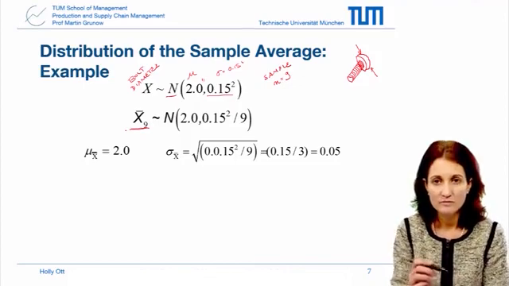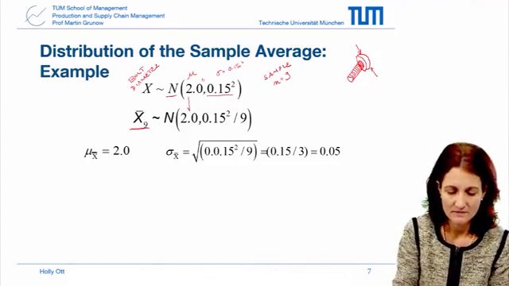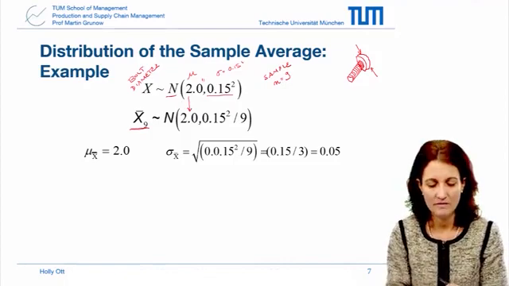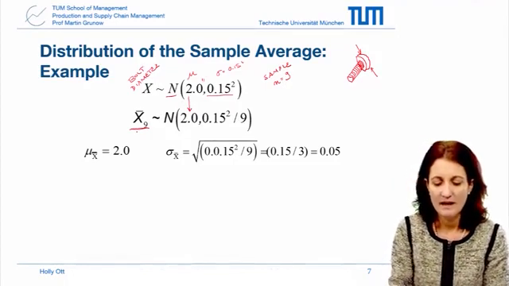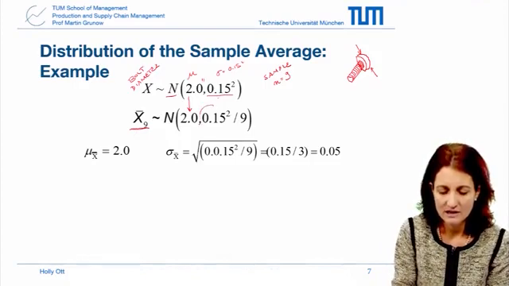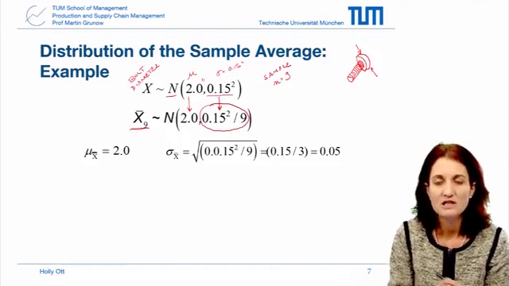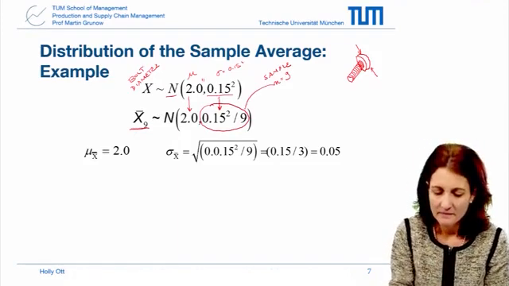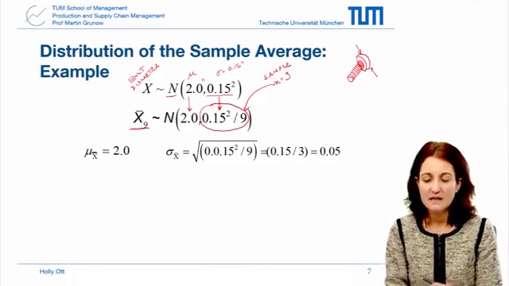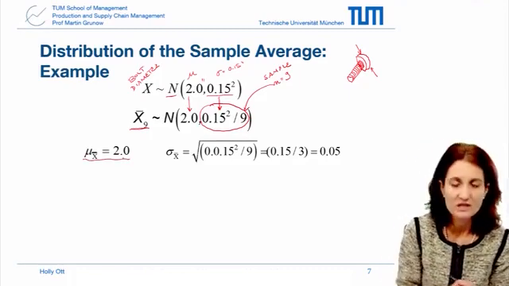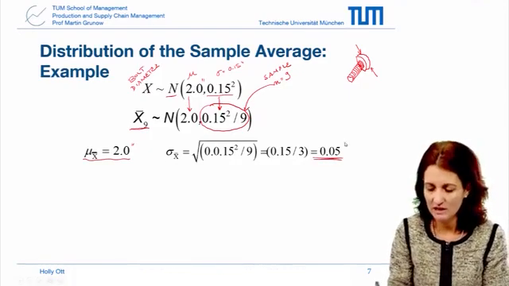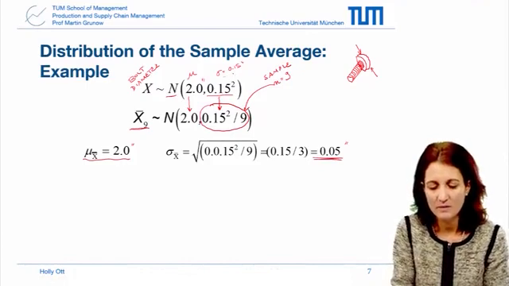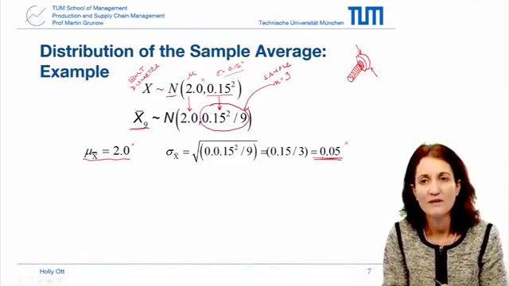Well, we know from our previous theorem that the mean of the sample average will be the same as the population mean, and the variance will be the variance of our population divided by n, where n is the sample size. If we calculate that out, the mean hasn't changed. It's still 2 inches. And the standard deviation, instead of being 0.15 inch, is 0.05 inch, which, as we know, should be smaller.